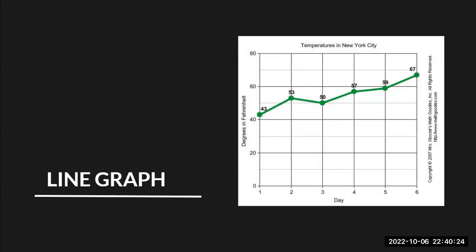That actually is a continuous variable, because that graph represents the temperatures in New York City, and temperature is a continuous variable since it can be expressed in decimal.